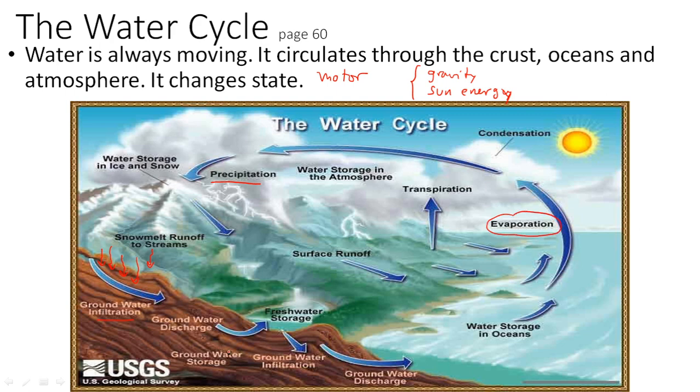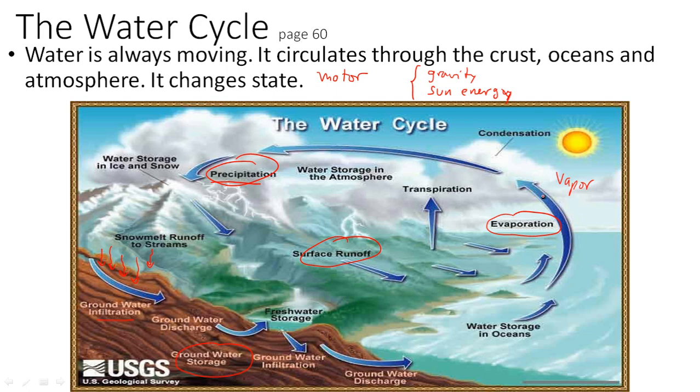Okay, here we have groundwater, then here we have precipitation, infiltration, surface runoff, evaporation. Evaporation is the process by which the liquid water in the ocean goes to the atmosphere as a vapor. So here we have a change in the state of water.